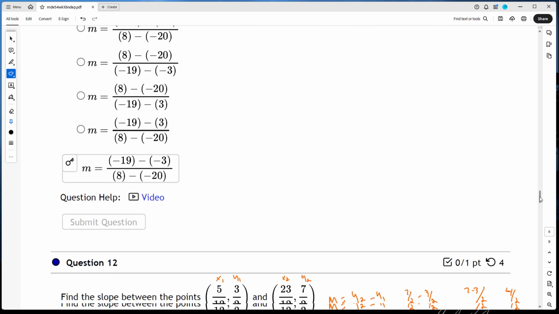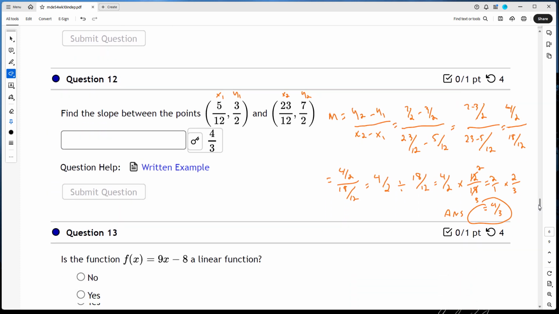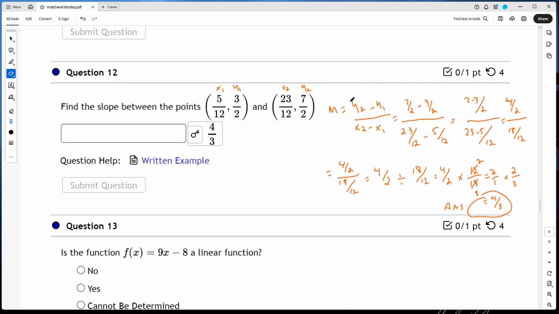Okay. Number 12, find the slope between the 2 points. So the first thing I did was I wrote out my formula.